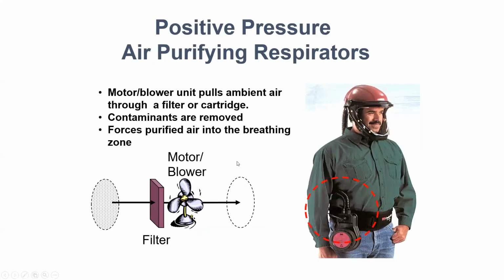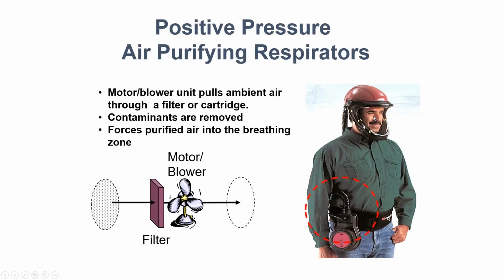Positive pressure air purifying respirators, where the difference is, we have an electric fan moving air through filter or cartridge or both, combination of both, through the holes into, in that case, a full face helmet. That means that air pressure inside of that mask is higher than ambient pressure outside. So if the respirator would be leaking, air will be pushed outside of the respirator through areas which do not seal properly.